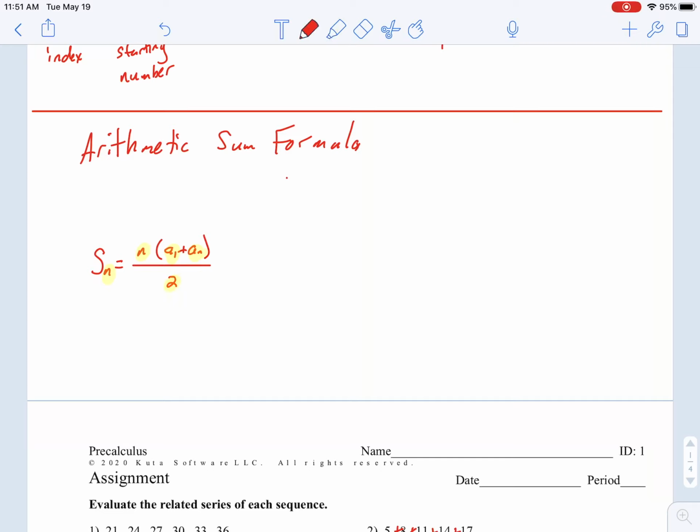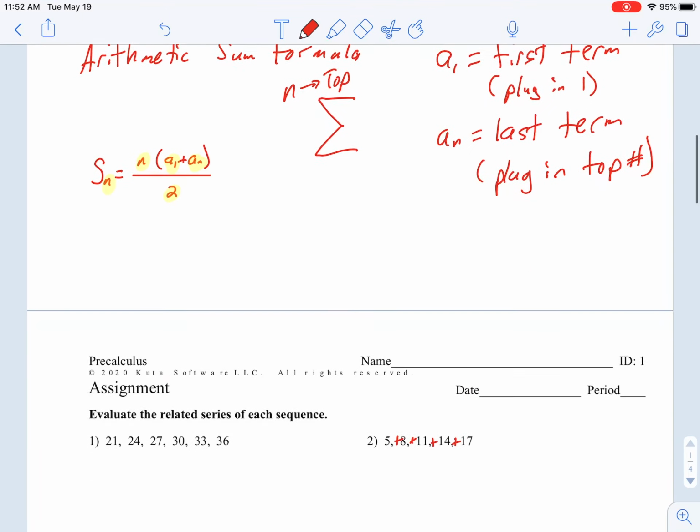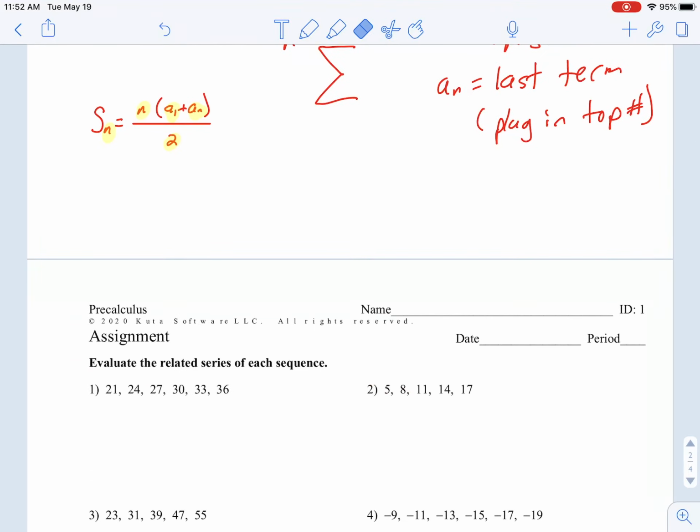So what is that? n is the number at the top of the sigma notation. a1 is the first term, what you get when you plug in 1. a n is the last term, what you get when you plug in the top number.